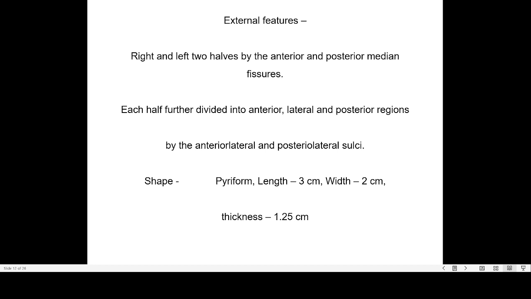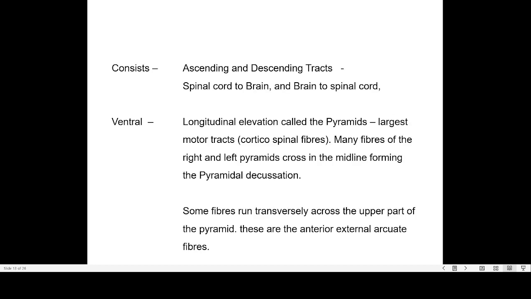The shape is piriform. The length is about 3 centimeters, the width is 2 centimeters, and the thickness is 1.25 centimeters.